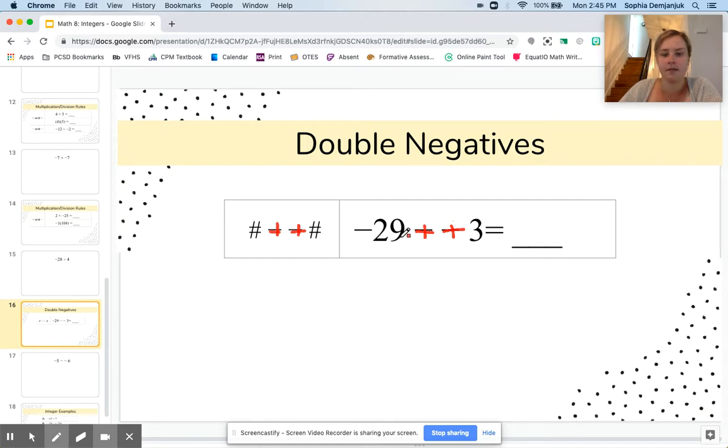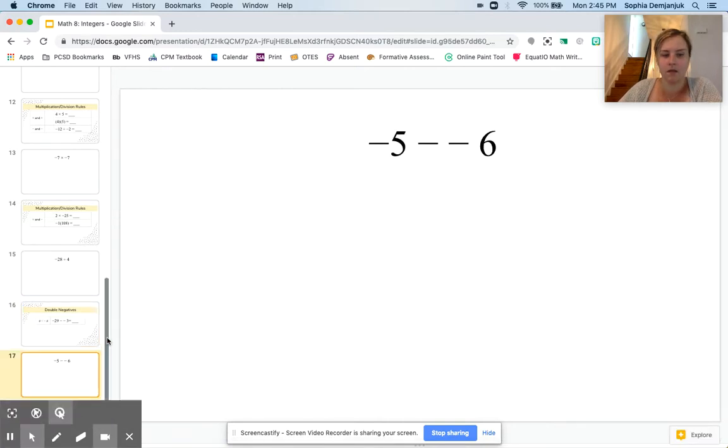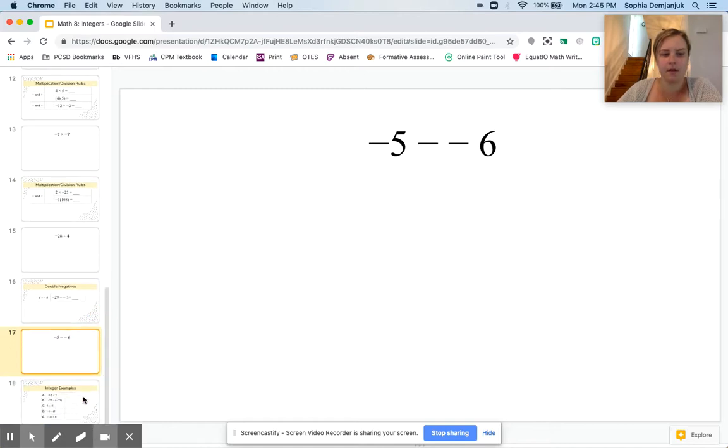So now I have negative 29 plus 3. I need to keep the sign of the bigger number. My 29 is bigger, so my answer is going to be negative. And then 29 minus 3 gives me my 26. Here's your example to do on your own. Negative 5 minus a negative 6.